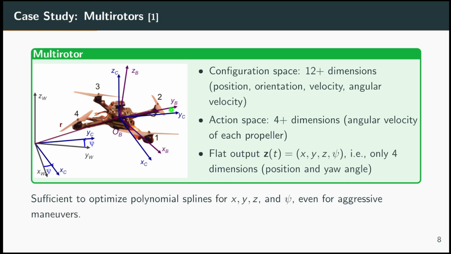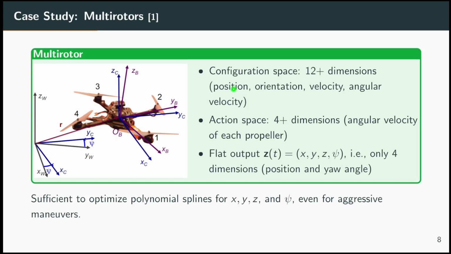Okay, and here's one concrete case study. So if you think about a multirotor, these 12 dimensions are the position, which is typically 3-dimensional. Then the orientation, which depends on your encoding. Like if you use Euler angles, then it's also 3-dimensional, but you have some problems.